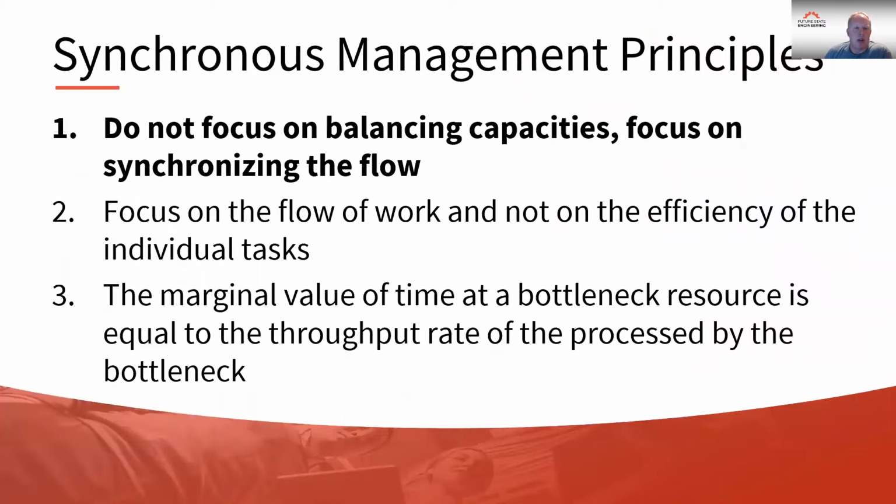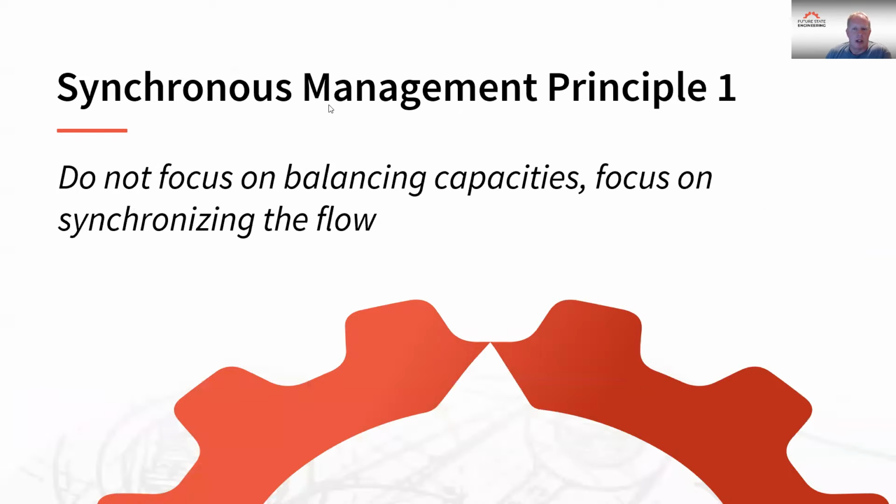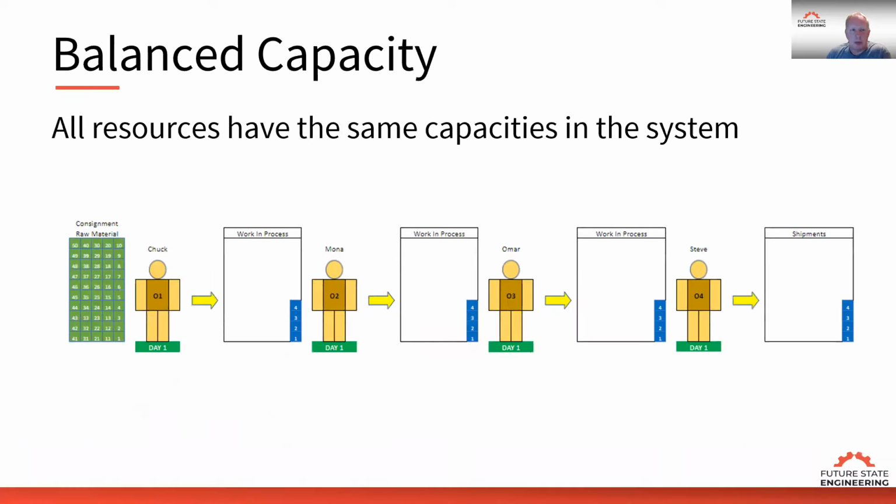The synchronous flow management principle that we're going to focus on today is: don't focus on balancing capacities, focus on synchronizing the flow. This is the first principle that's discussed in the book. So let's get into the details of what balancing capacities means and what focusing on synchronous flow means. If we look at a system, it's made up of different processes.